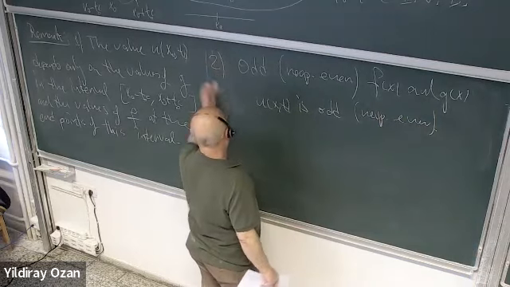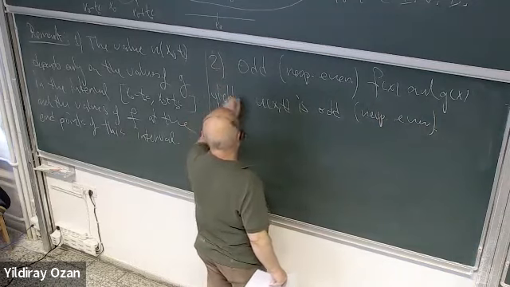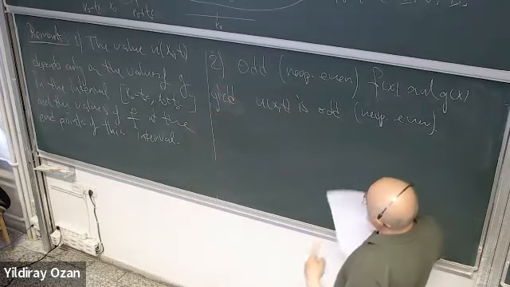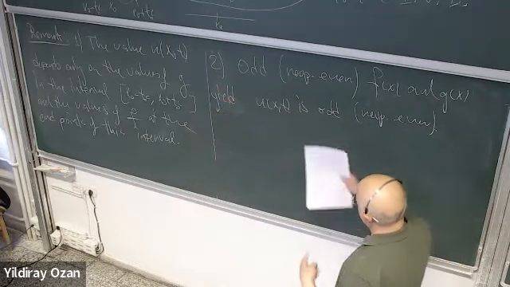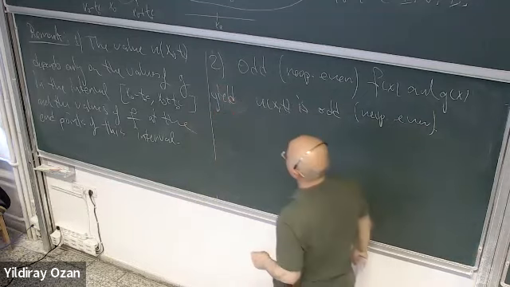Ya da yield diyeyim şöyle. Yani F ile G oddsa bu da odd. F ile G even'sa solution da even. Neden?